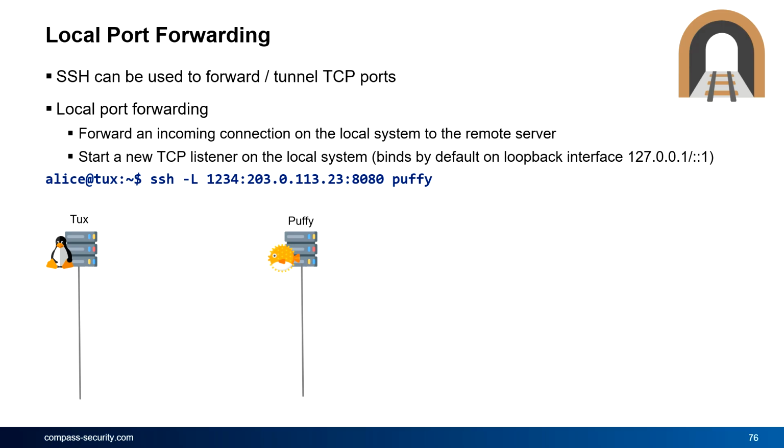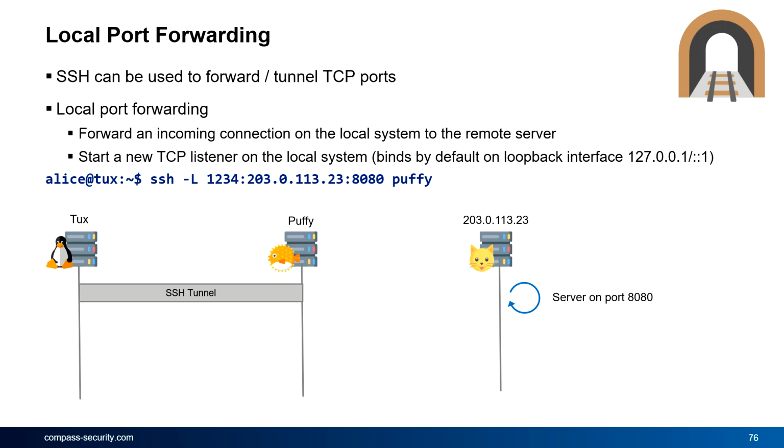So we see here we are Alice on the TOX system. Then there's a server running on port 8080. We now establish an SSH tunnel to Puffy using these options above. Then a new listener will be started on your localhost, port 1234.